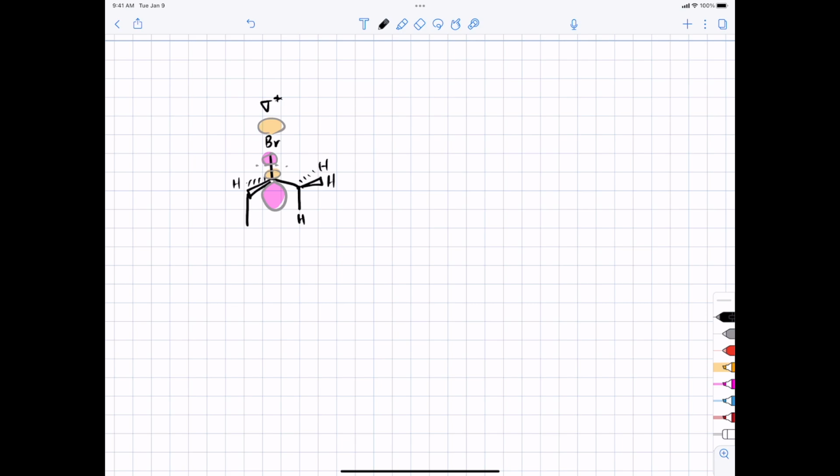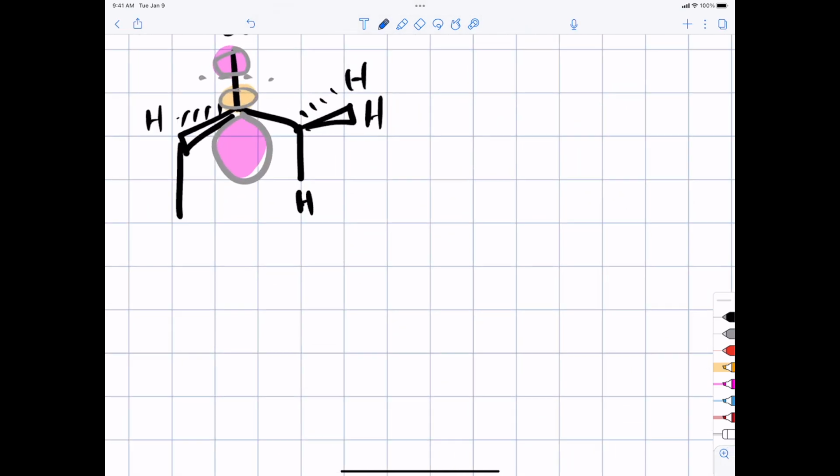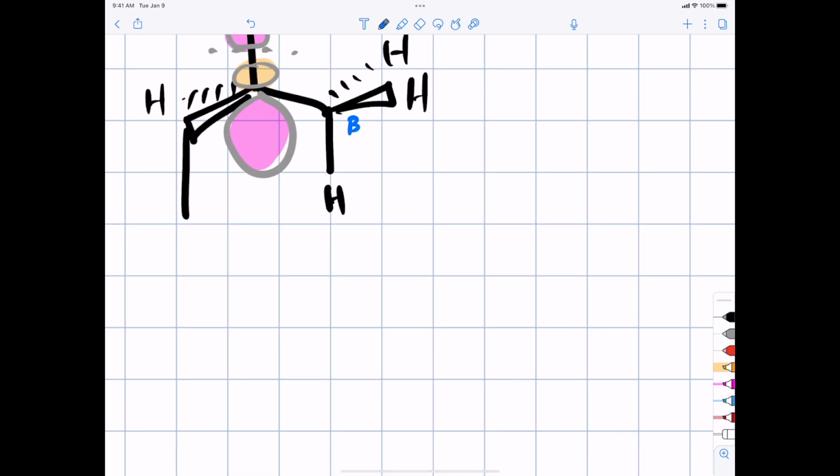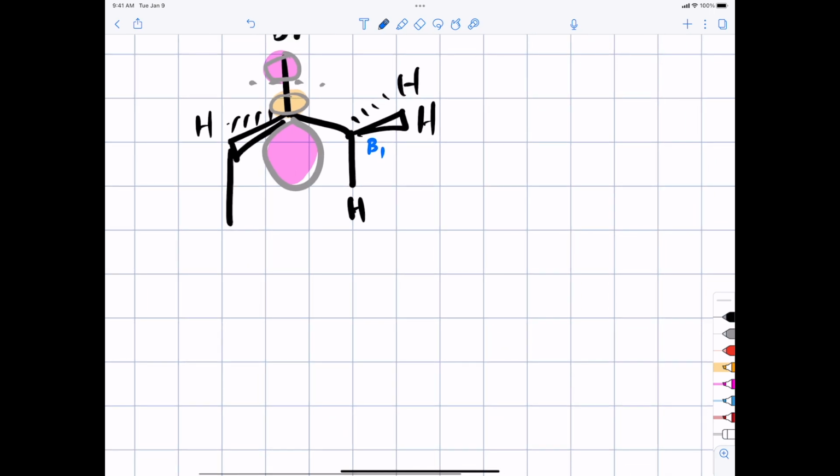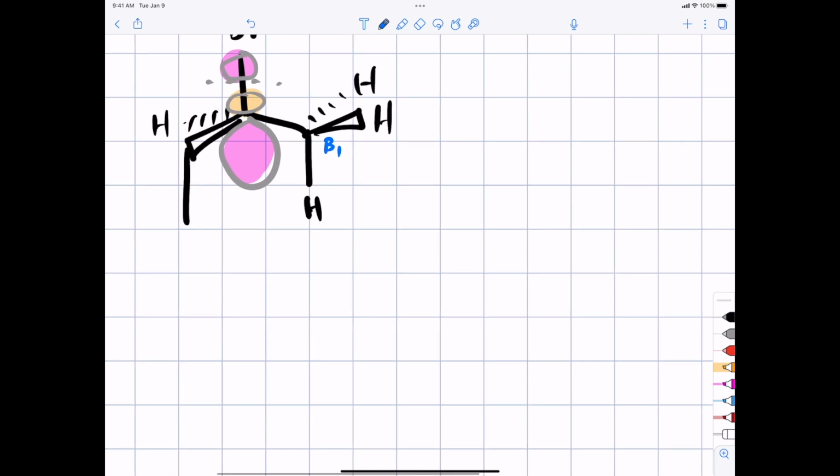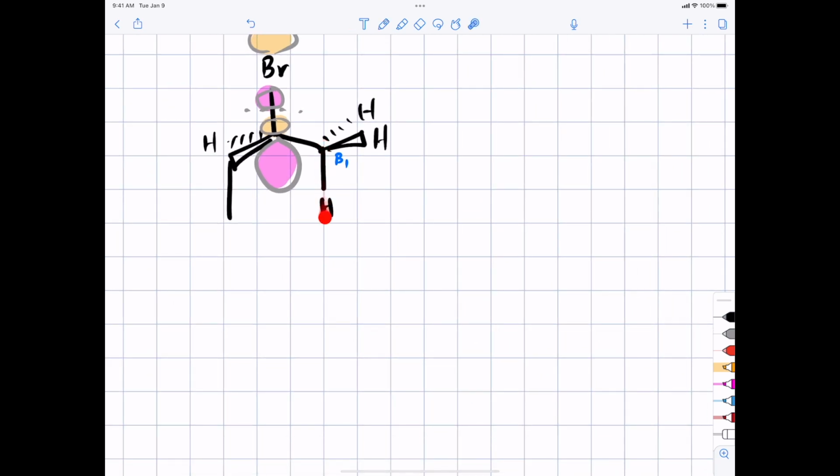Now, on the adjacent carbon, we'll call this beta carbon 1, because there's 2 different beta carbons. You can see that this carbon-hydrogen bond is lined up with and anti to the carbon-bromide bond.